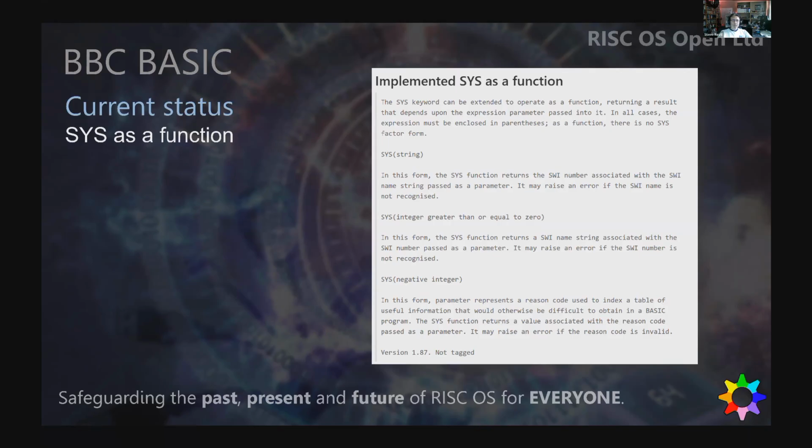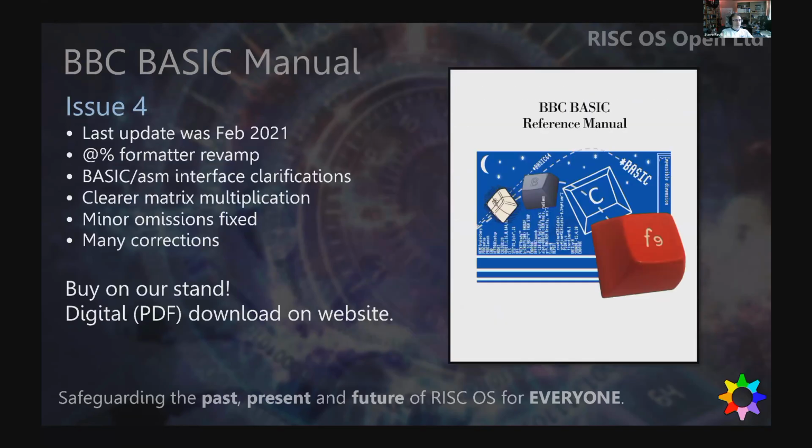And the other fringe benefit was, as I was ploughing through the hundreds of pages of BASIC reference manual, I was also scribbling on them all and saying, that's wrong, that's missing some information, or that's just really hard to understand and needs rewriting. And so at the end of the whole process, I ended up with a manual that was pretty much every other page had scribbles on it.